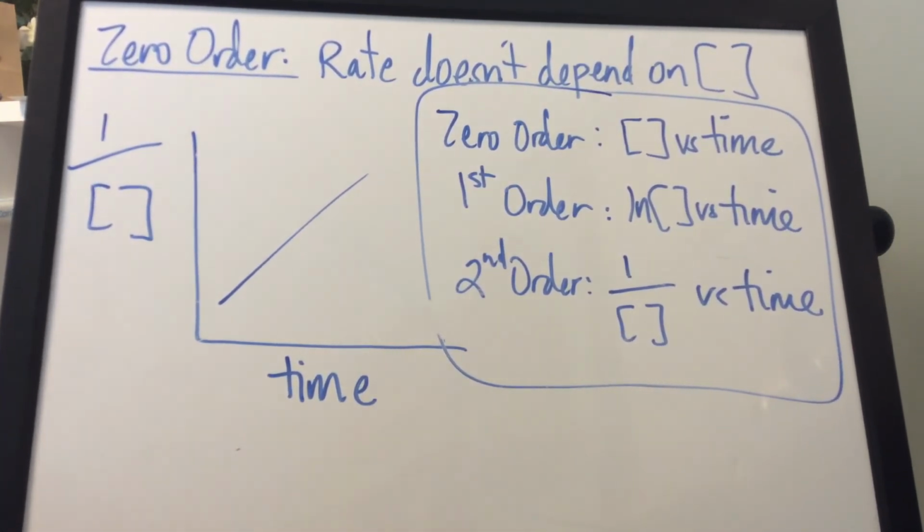This is where Excel comes in, because nobody wants to graph this stuff by hand, and no one would ever expect you to. So the next discussion is how to graph reactions in Excel and then how to determine their orders using Excel, which is pretty simple once you learn how to use it.